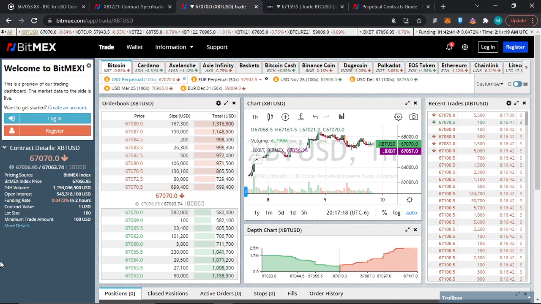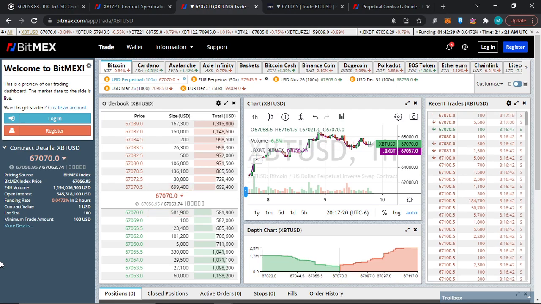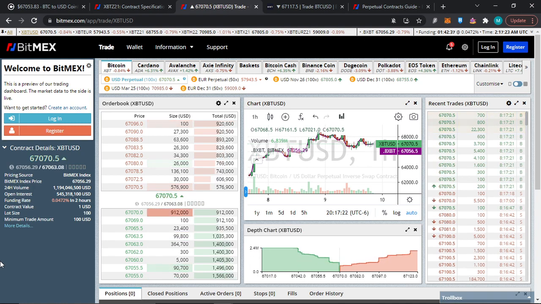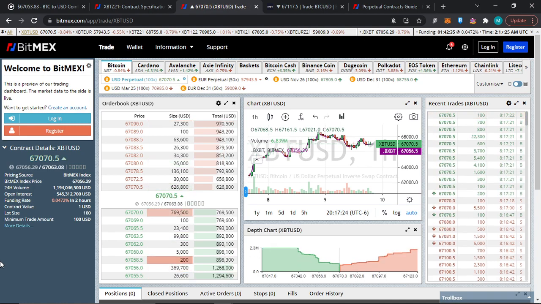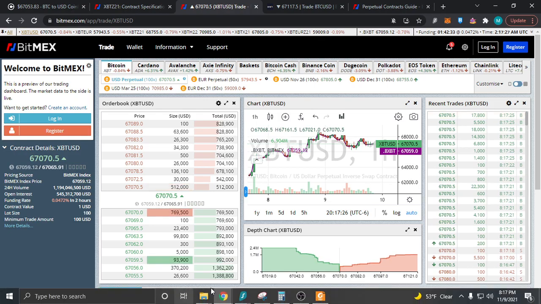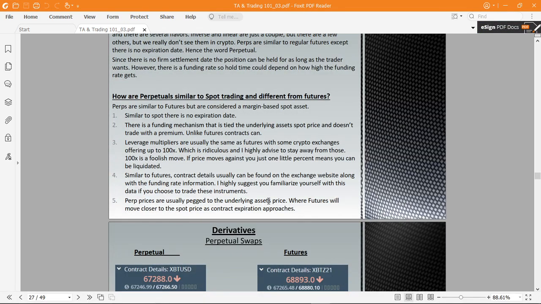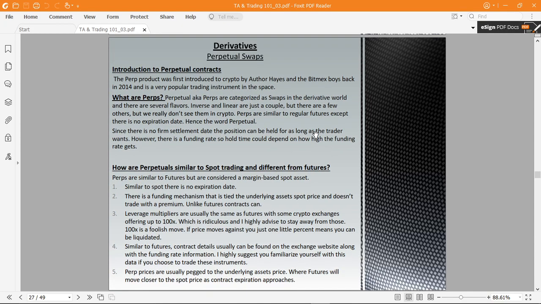So how are perpetuals similar to spot trading but different from futures? They're similar to futures, but are considered a margin-based spot asset. They're similar to spot, but there is no expiration date.